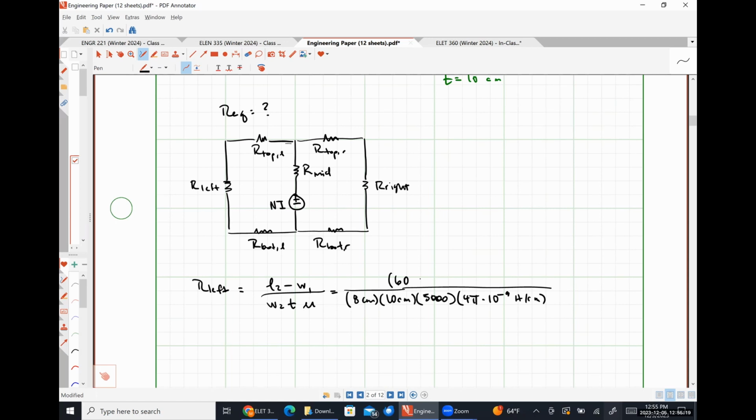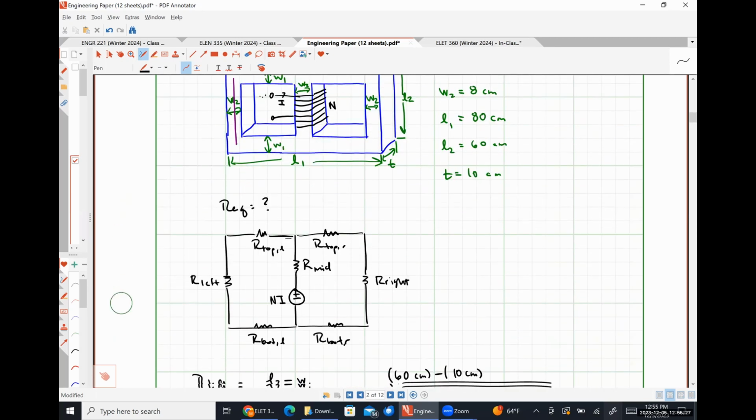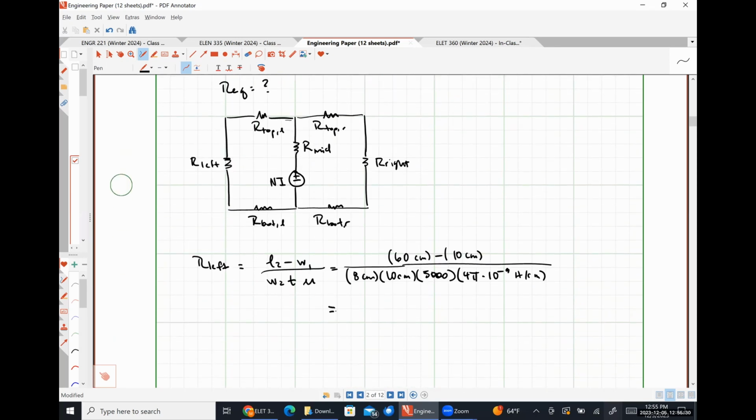L2 was 60 centimeters. W1, if I'm remembering correctly, was 10 centimeters. Yep. Putting all of this into our calculator, we wind up getting 7.958 times 10 to the 3 amp turns per Weber. So what about R mid and R right?